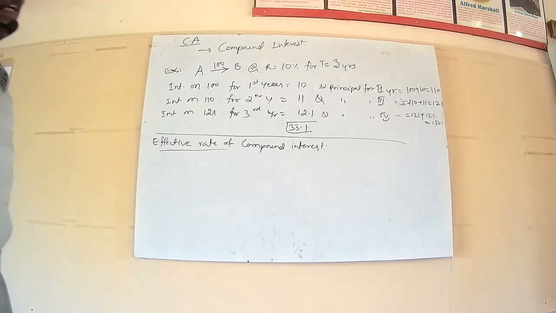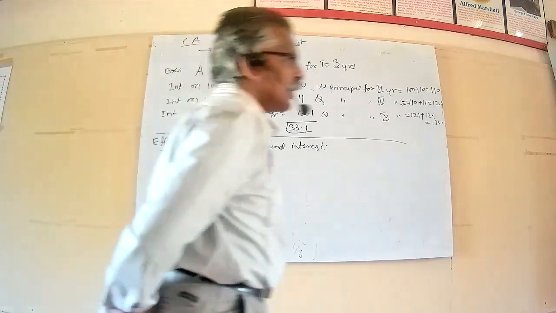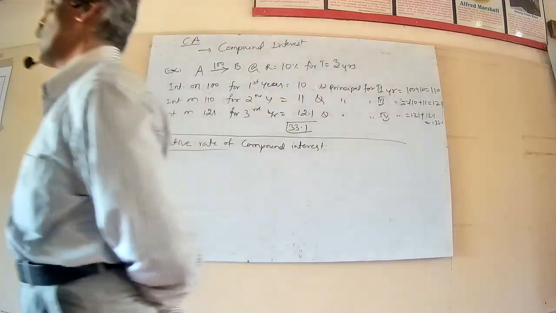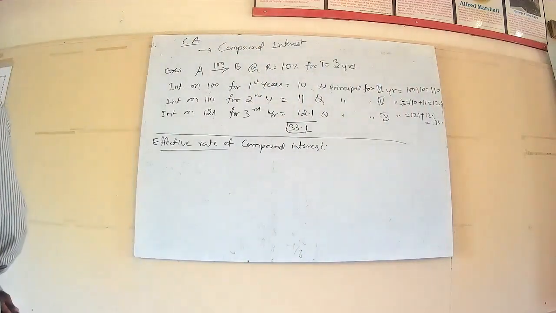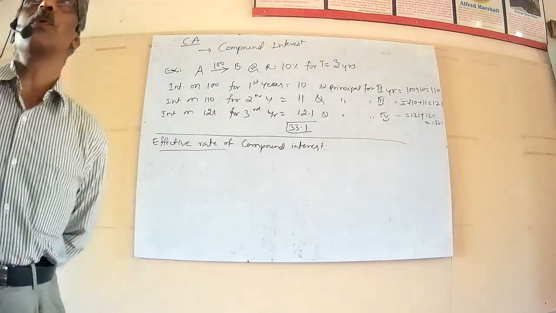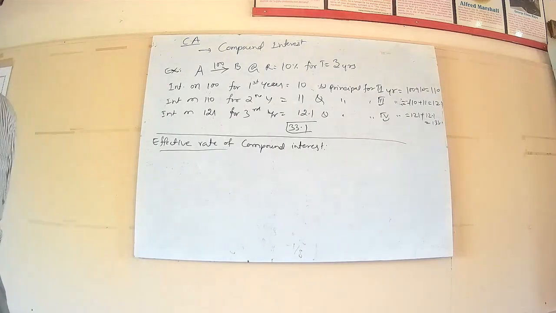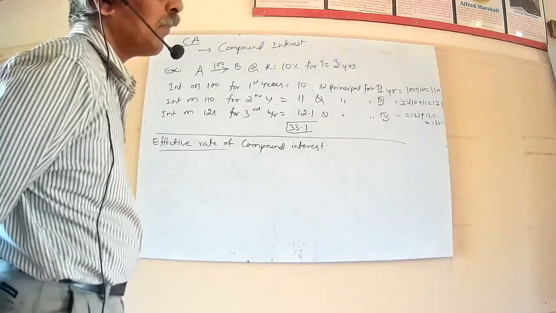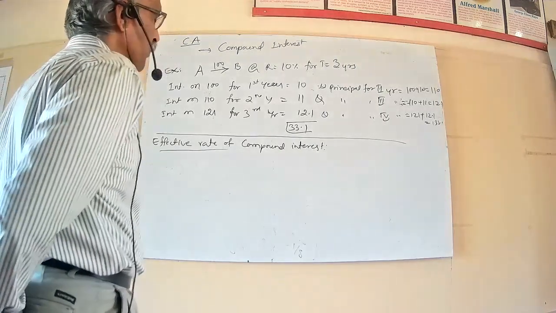So for the second year, the principal sum becomes 5,000 plus 500, that is equal to 5,500. That is the principal sum for the second year.